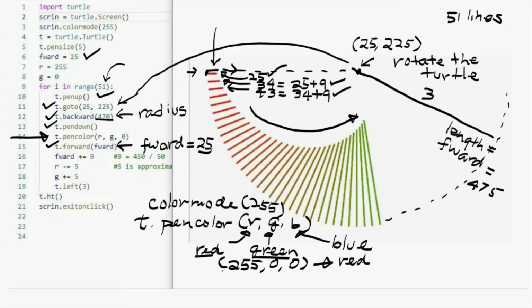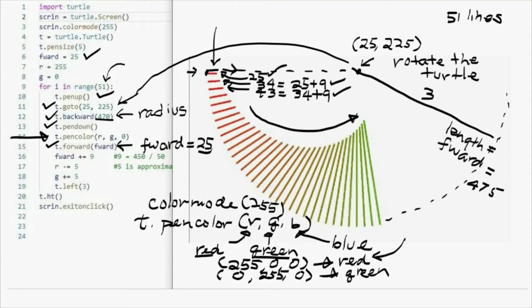And if your red is 0 and your green is 255 and your blue is 0, that means your color is green. So what we are starting with here is red.